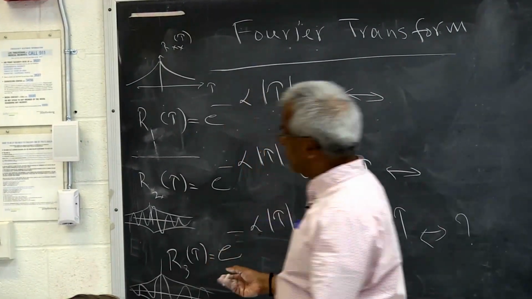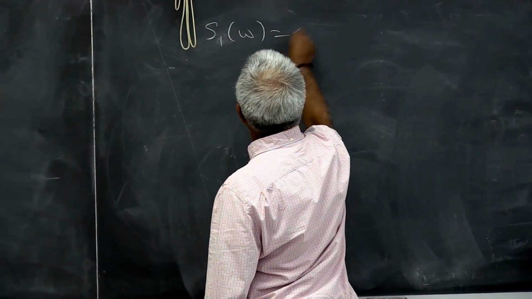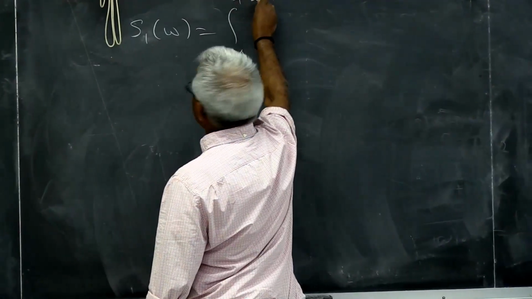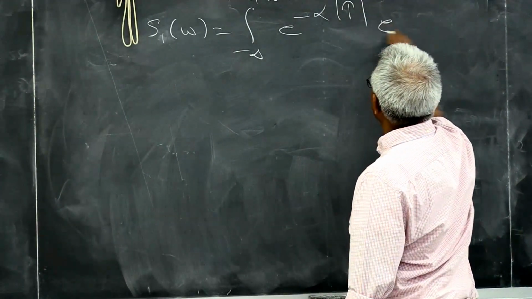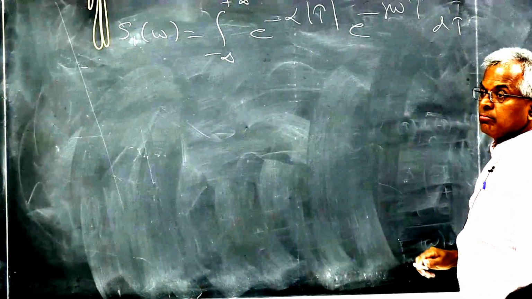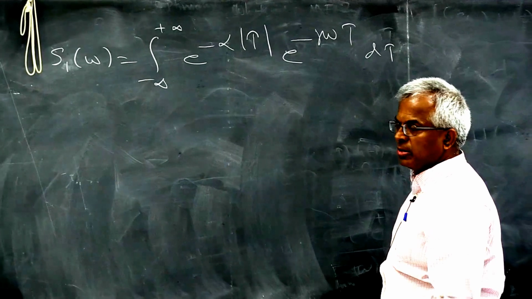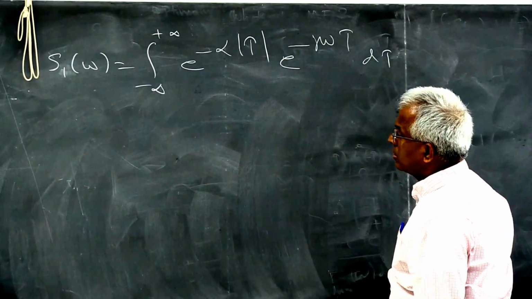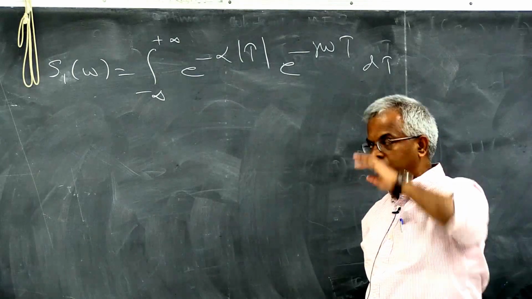Actually, the question is, we don't know whether they are, so let me look at the Fourier transform of the first one. That's the integral from minus infinity to plus infinity of e raised to minus alpha |tau| times e raised to minus j omega tau d tau. Now, this is supposed to be your job. I shouldn't be solving it, but I'll show you one. And as I said, I think all of them are solved here and there on the videos.